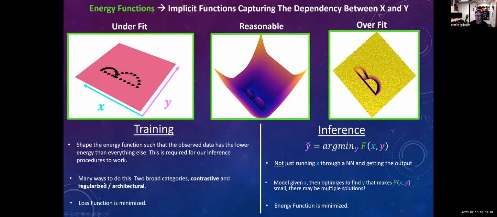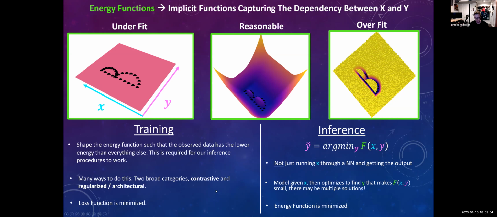There are two broad categories of methods for training energy-based models. The first is a contrastive method where you're going to actively find the correct answer. So find points that are on the manifold of data, and you're going to pull the energy of those points down. And then you're also going to have to find contrastive examples. So wrong answers, and actively push the energy of those points up.